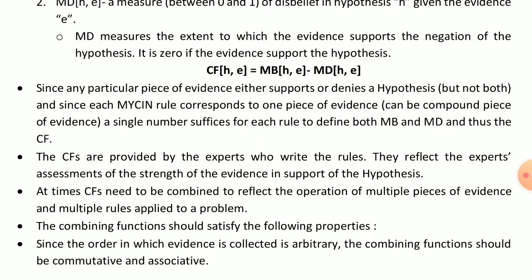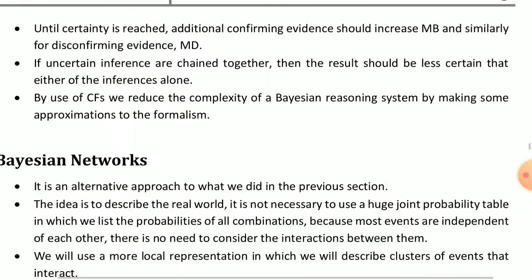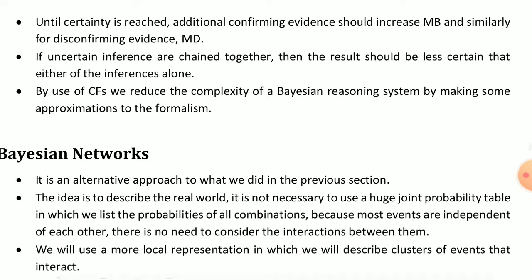First we collect all the evidence and then we combine some functions and check the commutativity or associativity. Next is, until certainty is reached, additional confirming evidence should increase MB and similarly for disconfirming evidence MD.